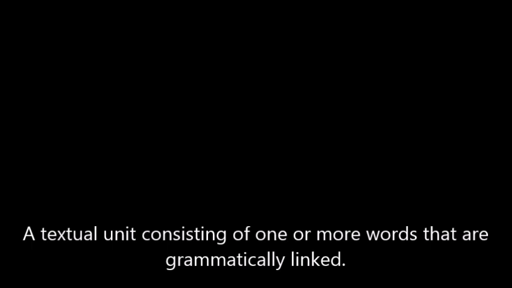A phrase typically appears within a clause, but it is also possible for a phrase to be a clause or to contain a clause within it. And last but not least, we define sentence as a textual unit consisting of one or more words that are grammatically linked. Now, let's talk about denotation and connotation, how they are linked, and what are the differences between them.